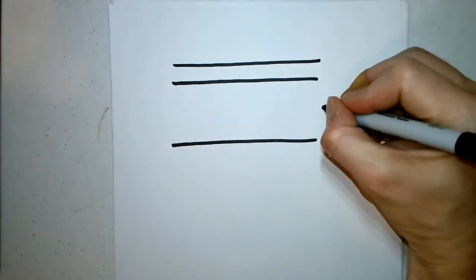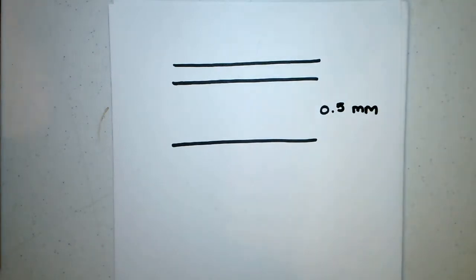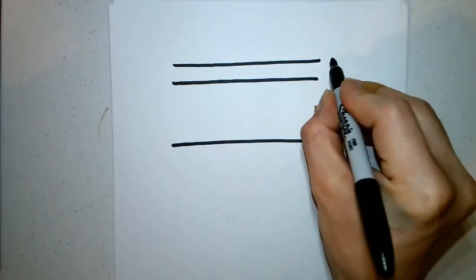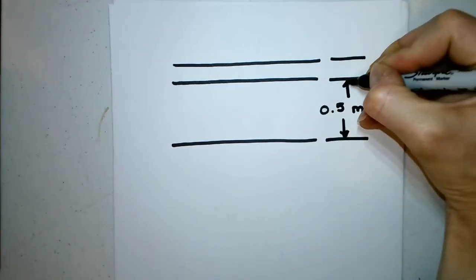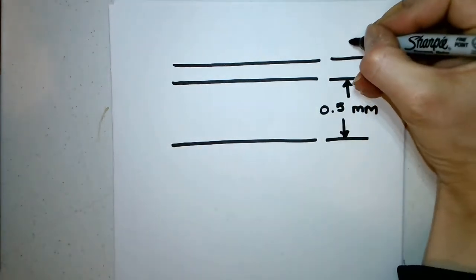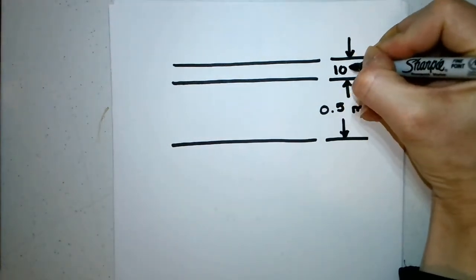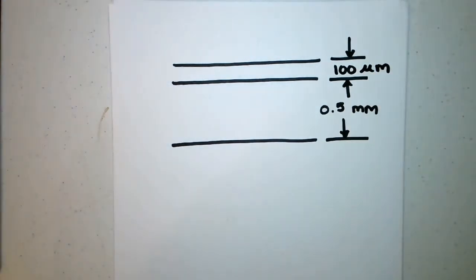This was 0.5 millimeters, so 500 microns, and this, I believe, was 100 microns of silicon dioxide. 100 microns is 0.1 millimeter.